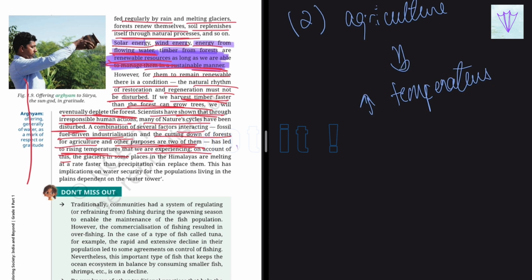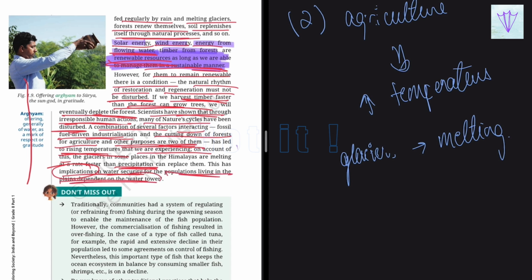and also the glaciers in the Himalayas are melting at a faster rate than they can be replenished with precipitation. Precipitation, in common words, is rainfall. So this has implications on water scarcity. Implications in the sense it has created imbalance or problems for the population living in the plains dependent on the water tower.